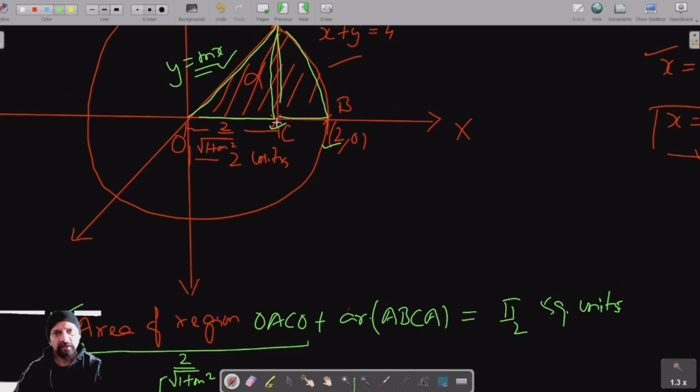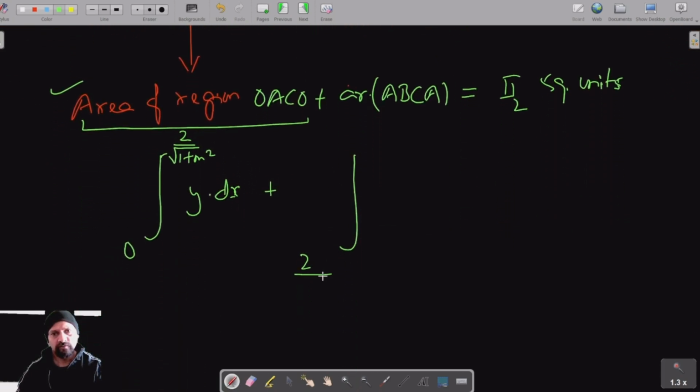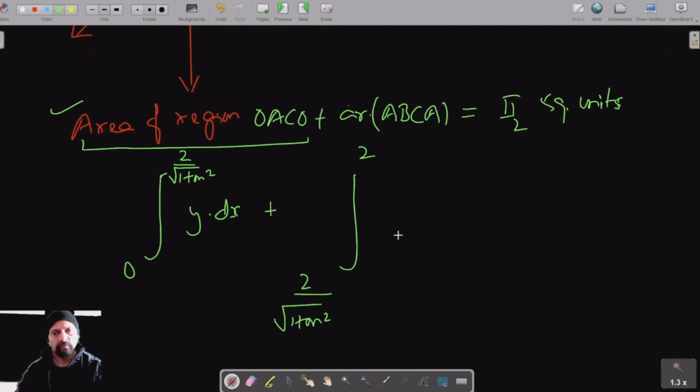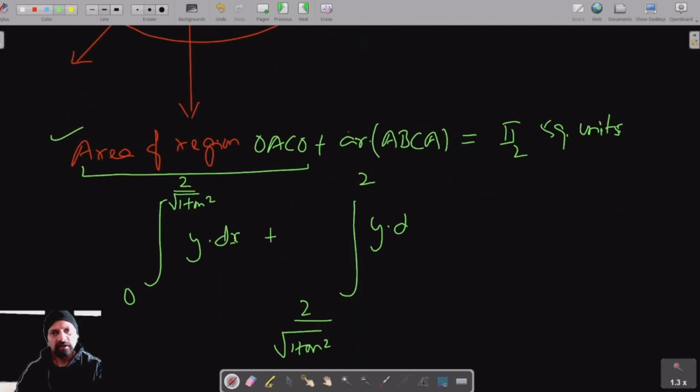So the area of the region ABCA will have the limits 2 upon under root 1 plus m square to 2, and y into dx, and the total is equal to pi by 2.